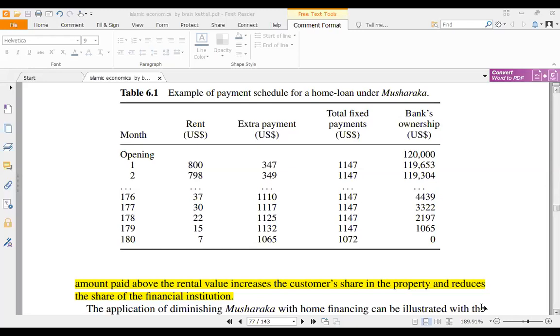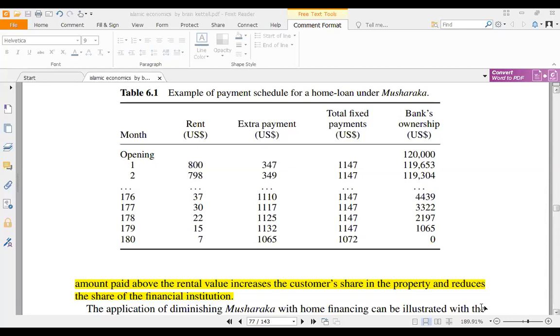Out of the total rent, 800 will be for the bank and 200 for the client, because 20% ownership of the home is for the customer and the bank's ownership is 80%.